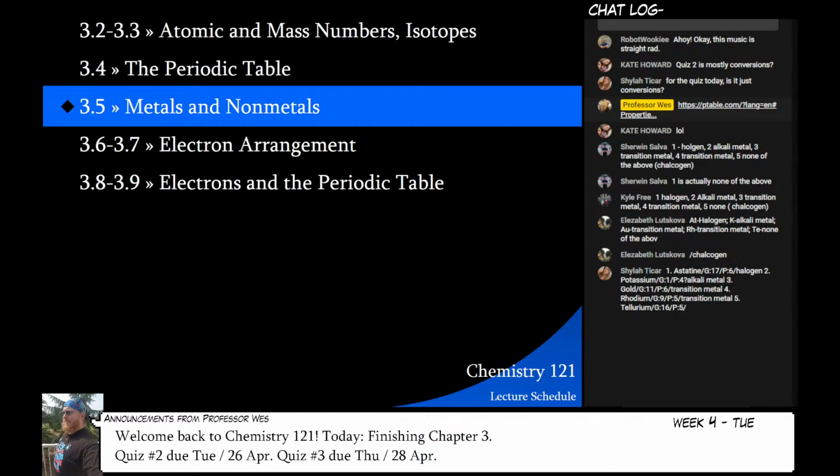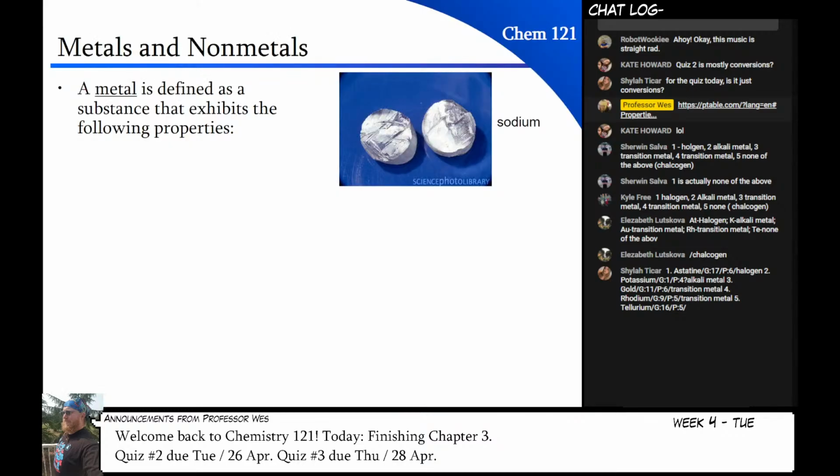Uh-oh. I clicked on the wrong thing. There we go. We're going to define a metal as a substance that has all of these properties. So it has to have all of them. It cannot get away with just one or two. And so the first property is that it is conductive of electricity and heat.